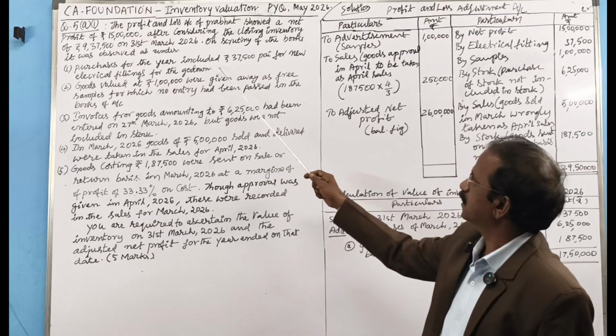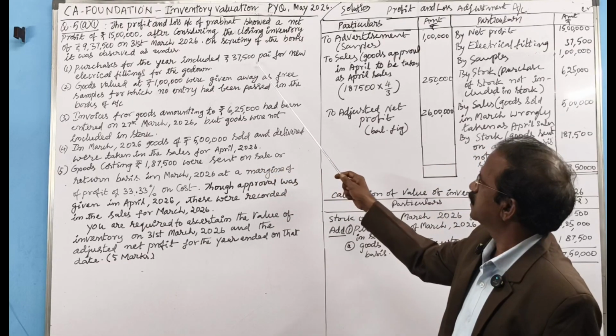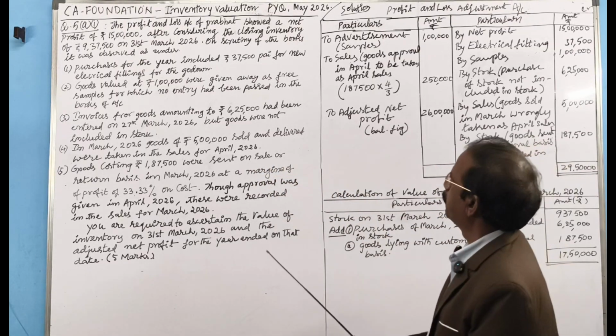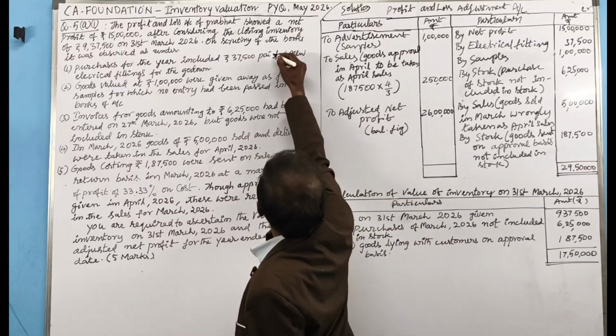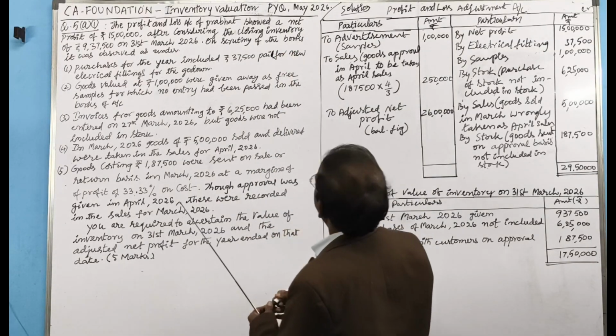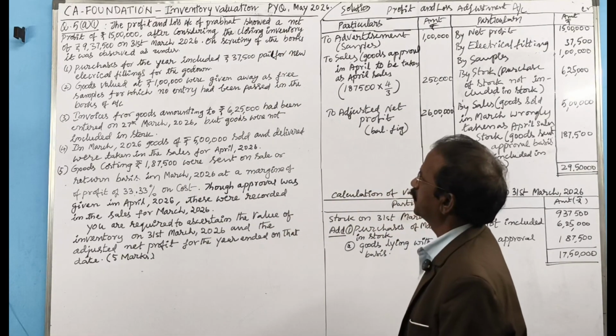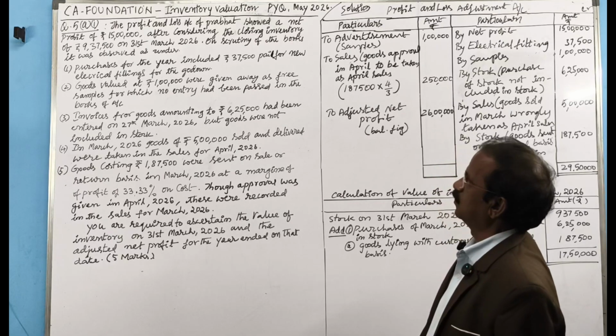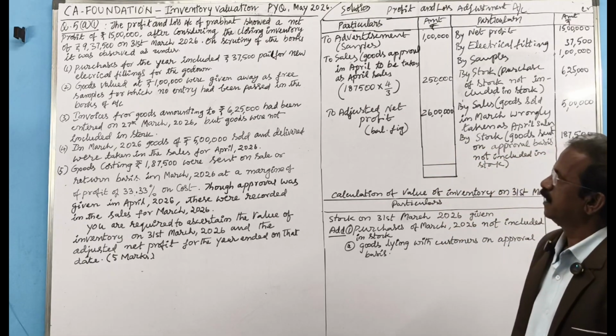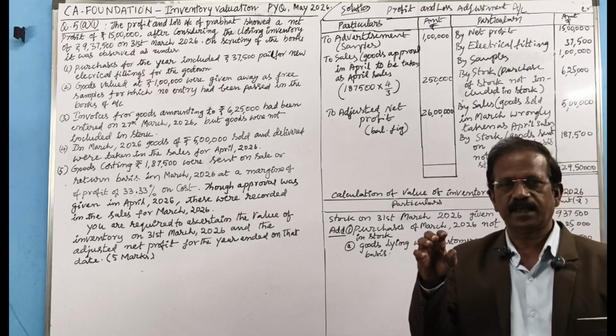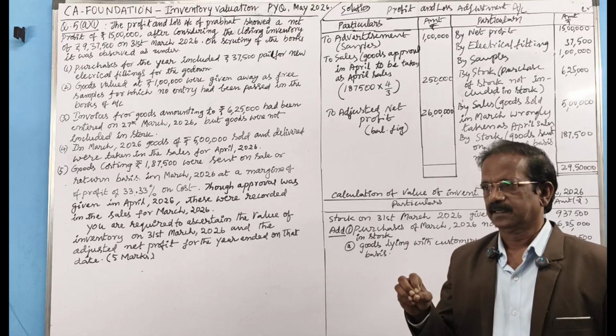Purchases for the year included 37,500 paid for new electrical fittings for the godown. It means they purchased some electrical fittings.